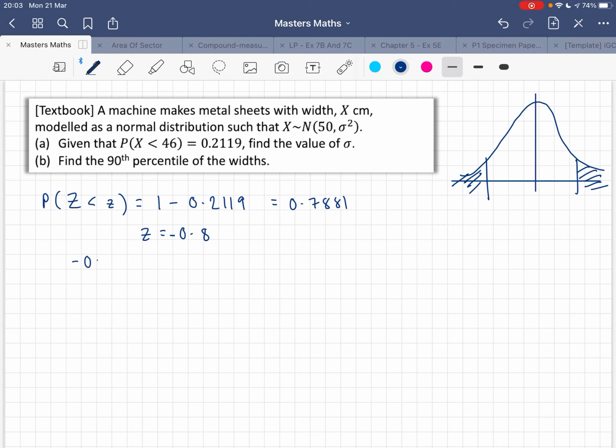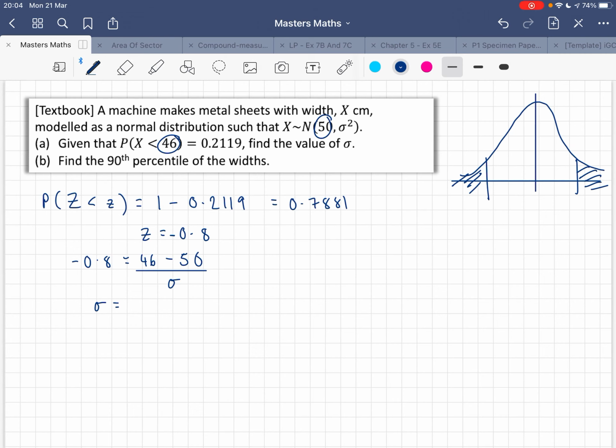So I have negative 0.8 is equal to this value 46 minus the mean that I'm given, which is 50, divided by the standard deviation, which in this case we don't know, we're trying to work it out. If I do a cross multiplication, I'm multiplying the sigma up and the negative 0.8 down.